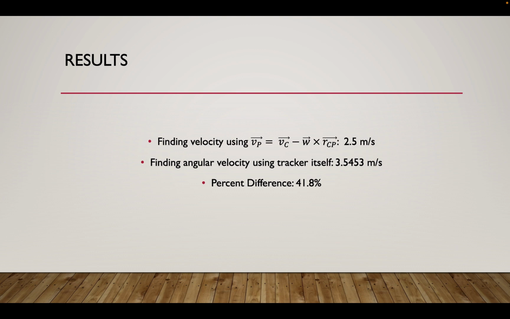Also, tracking the velocity would be hard because it was not a clear, full 2D video where the face of the bottle was in the same position the whole time. Sorry, that should not say angular velocity; this is just normal velocity.